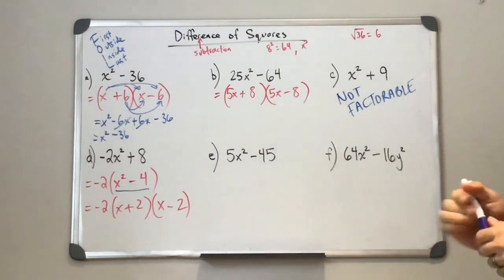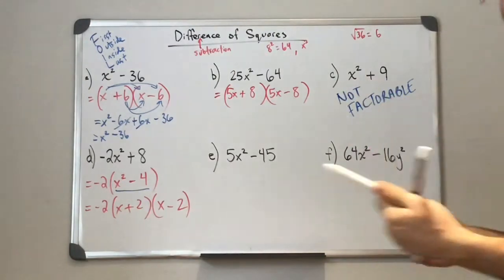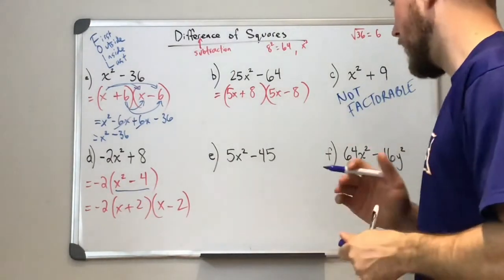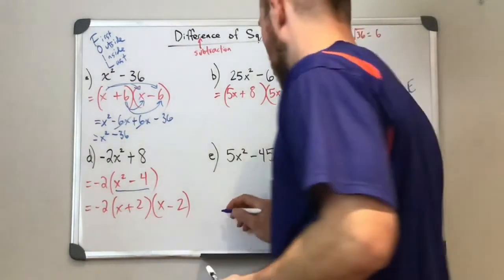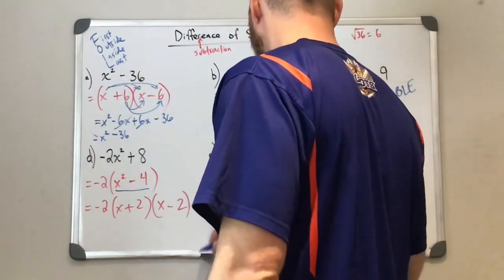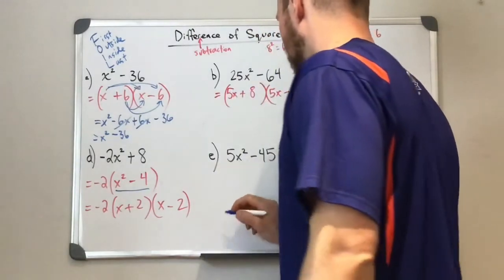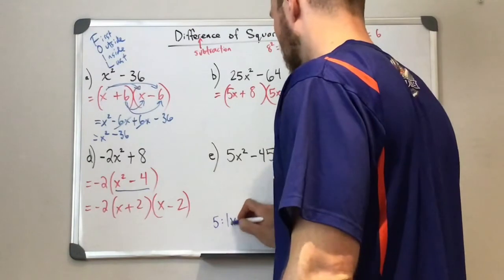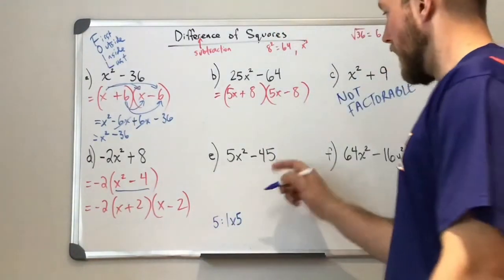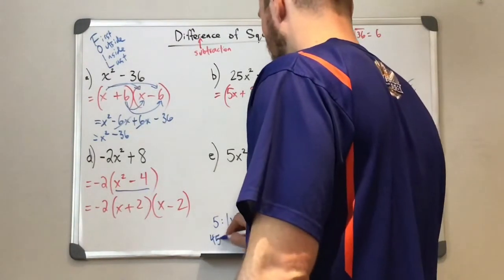So looking at 5 and 45, let's list all of the multiples here and see what we can take out. So if I look at this here for 5, how many ways can we get 5? Just 1 times 5, that's it. How many ways can we get 45?